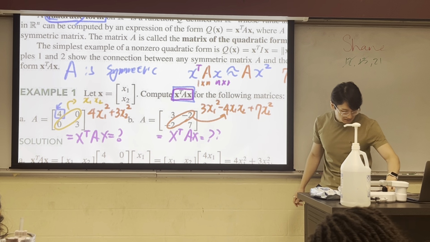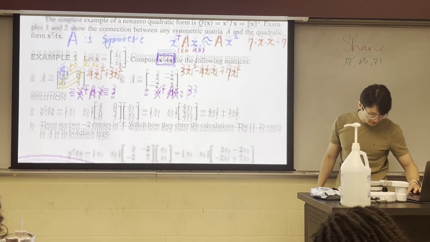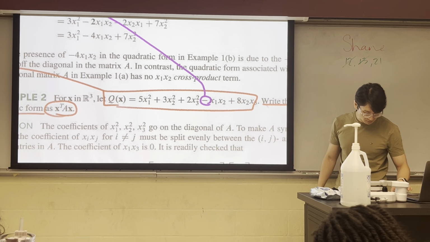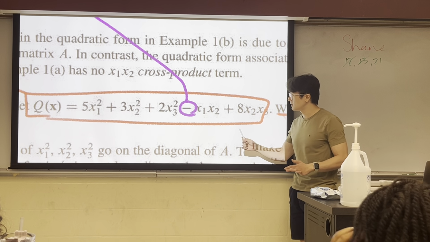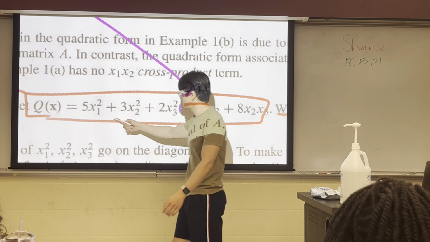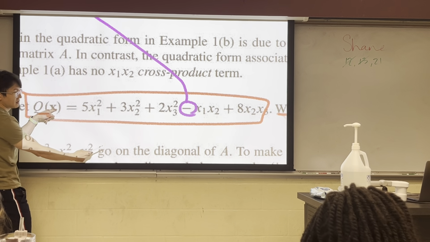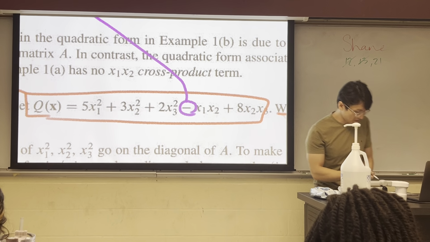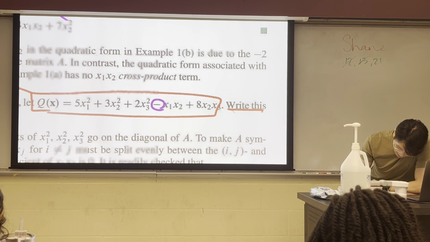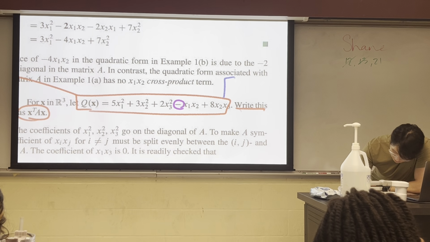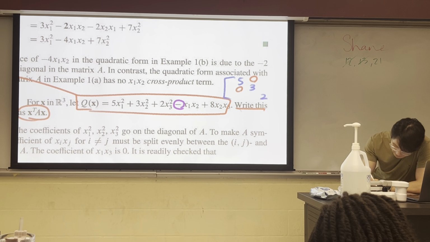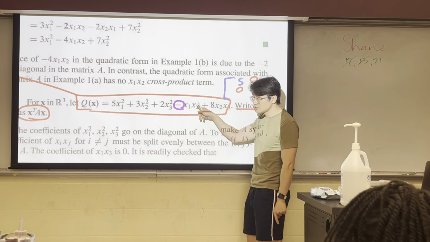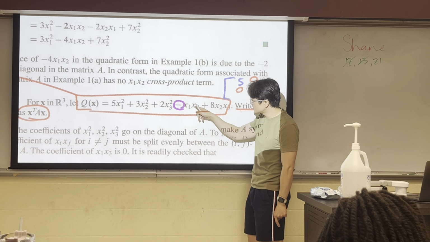Okay, so if I do it backward, what should A be? Main diagonal: 5, 3, 2. Now, a little bit confusing part is, what about here? You see 1, 2, meaning first row, second column.